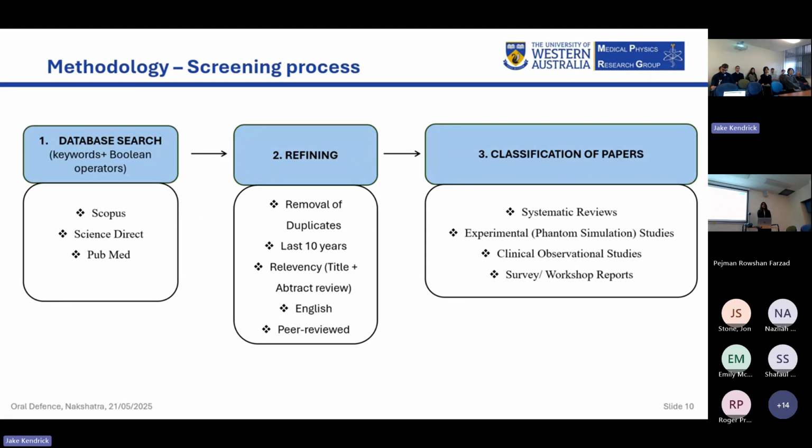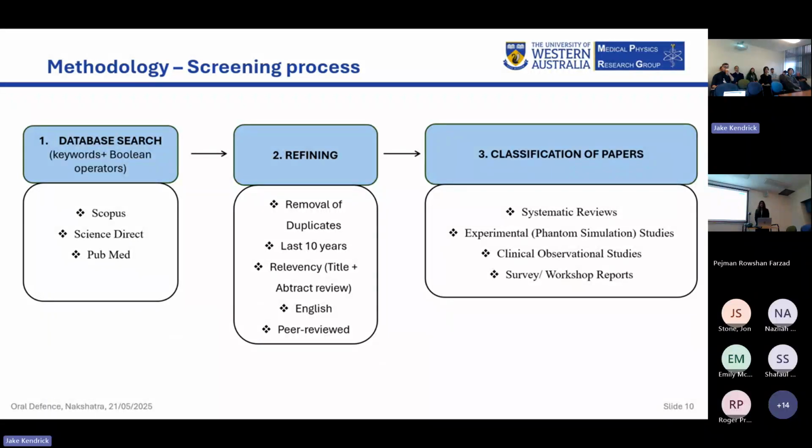To achieve this, I will conduct a systematic literature review. I'll start with a database search using keywords and Boolean operators. I'll be using databases such as PubMed, Scopus, and Science Direct. The next step would be the refining, for which I first remove all the duplicates and only include papers published in the last 10 years.